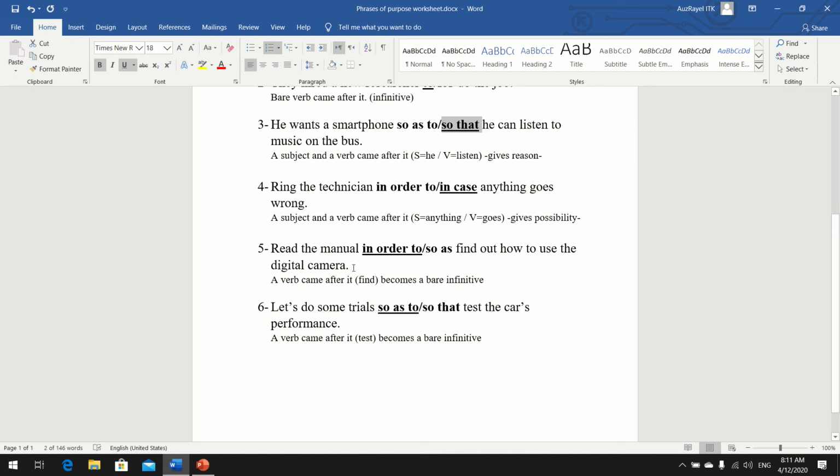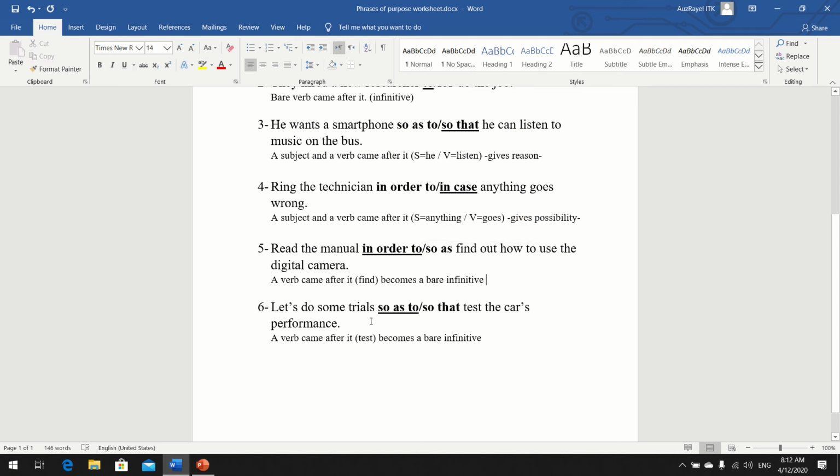It says, read the manual in order to find out how to use the digital camera. The reason why we chose in order to was that after it came a verb, in addition to the to that we have here, so it becomes a bare infinitive.